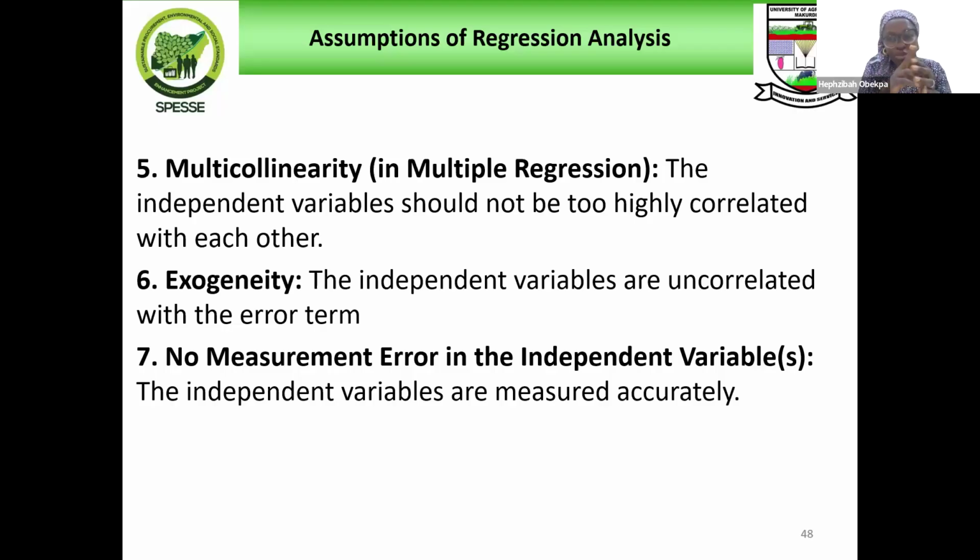That means the association between your regressors should not be high. If, for example, you carry out a correlation between age and income, remember both of them are independent variables, the correlation between age and income should be low. It should not be high. If it is high, it means there's what? Collinearity, and we don't need collinearity for regression. Is this clear? Yes, ma'am.